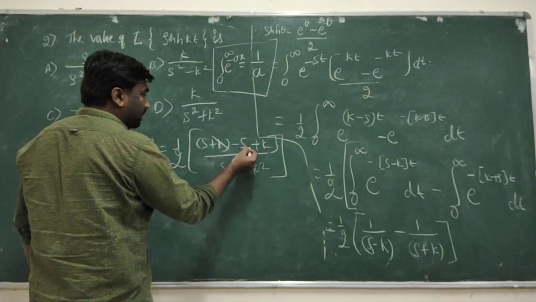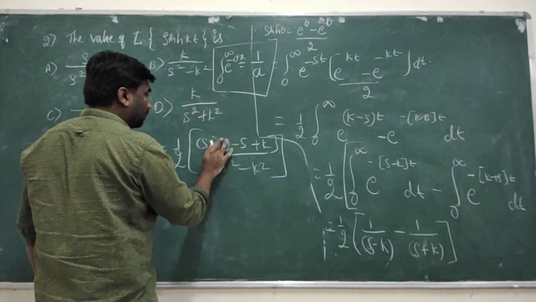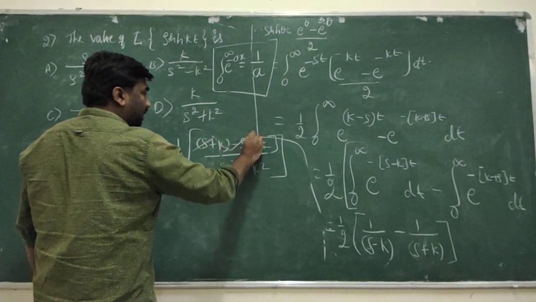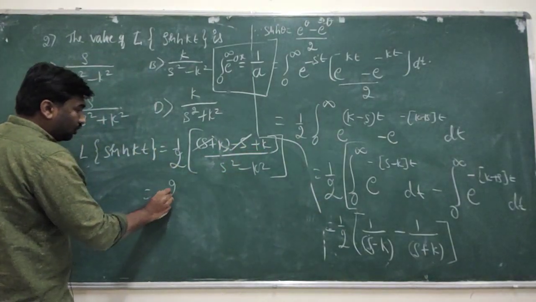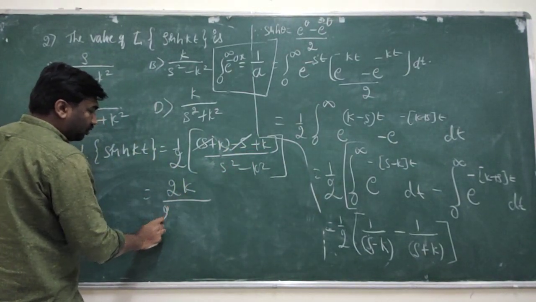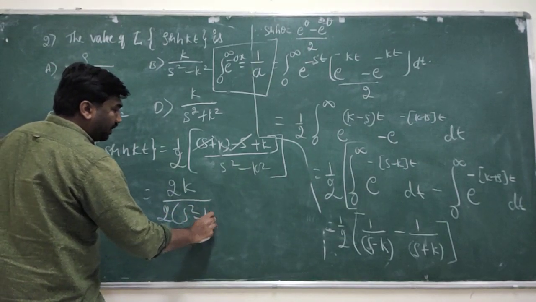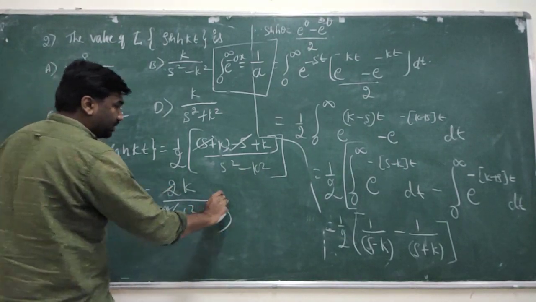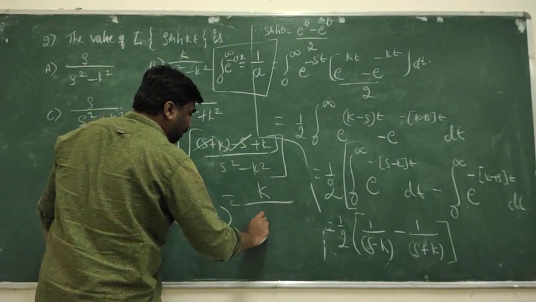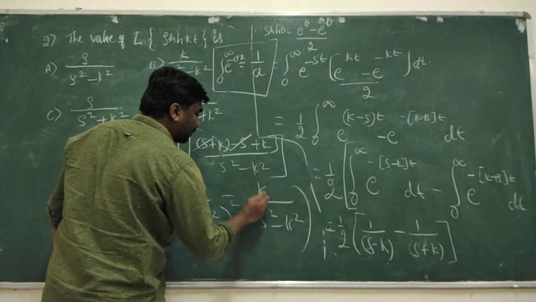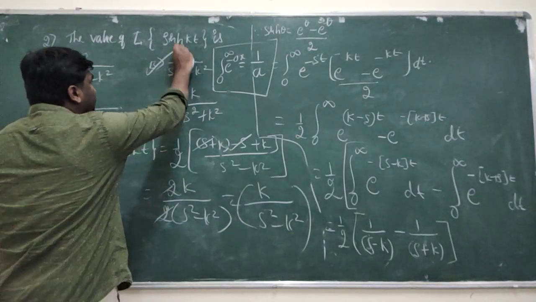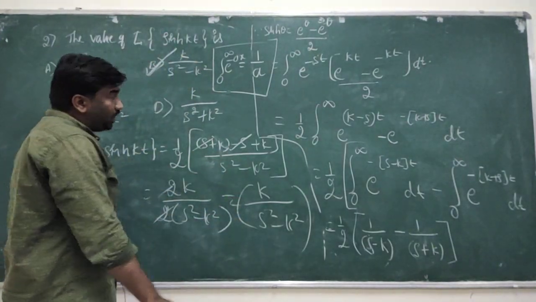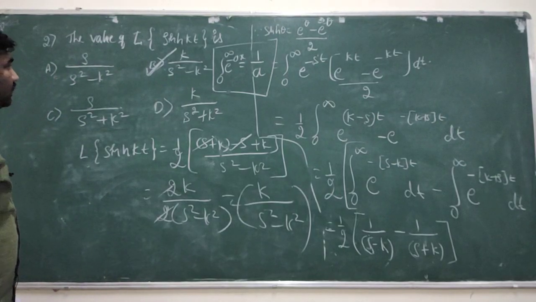So plus k plus s and minus s cancel, remaining is k plus k, 2k. So 2k divided by 2 into s square minus k square, and 2 cancel, answer is k divided by s square minus k square. So option number B is correct. Okay, so this is the answer.